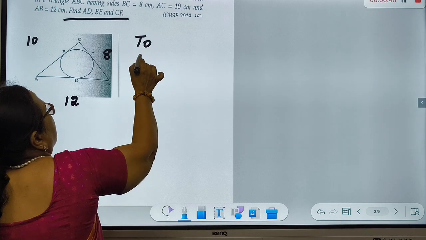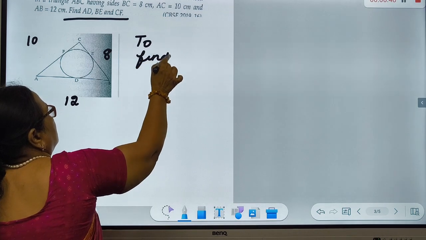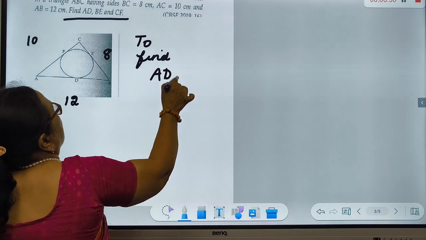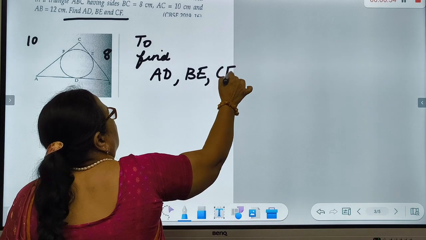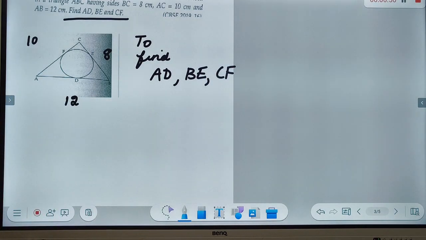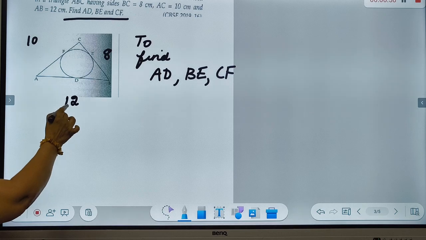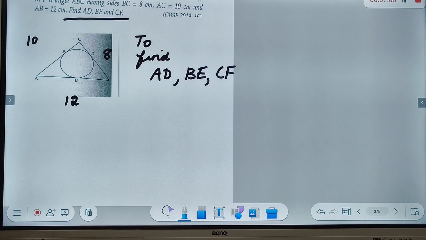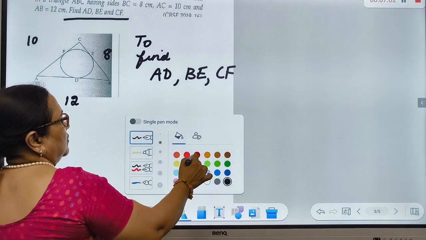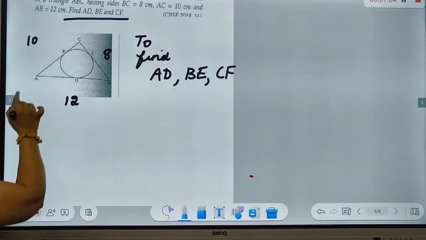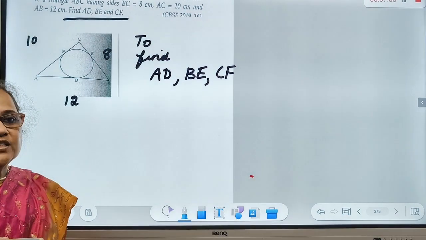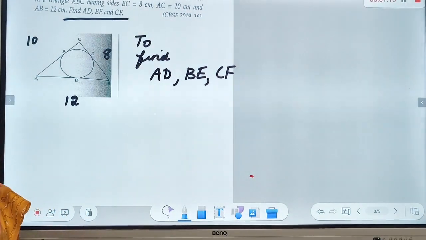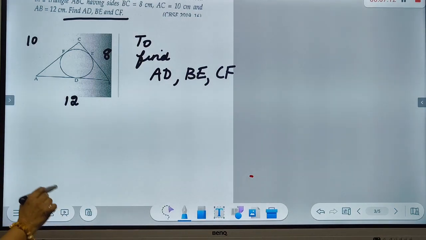So to find AD, BE and CF, what is given? These three lengths are given. Now again, I am going to use the important property of tangents, that the lengths of the tangents drawn from an external point to a circle are equal.